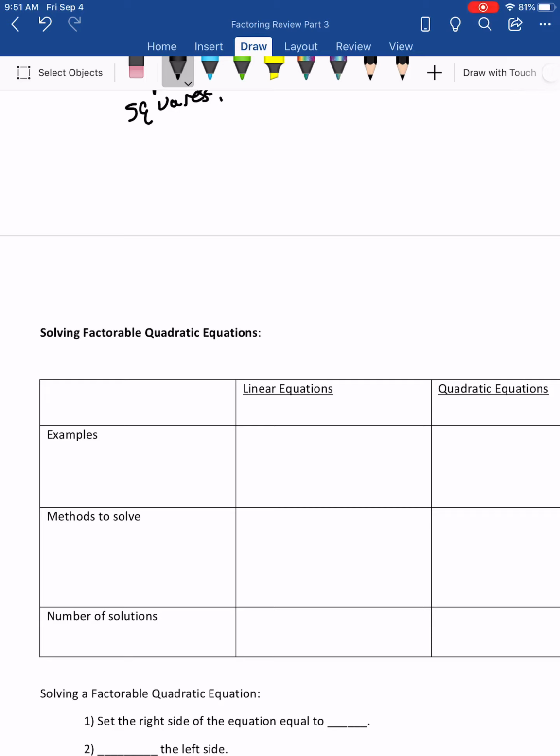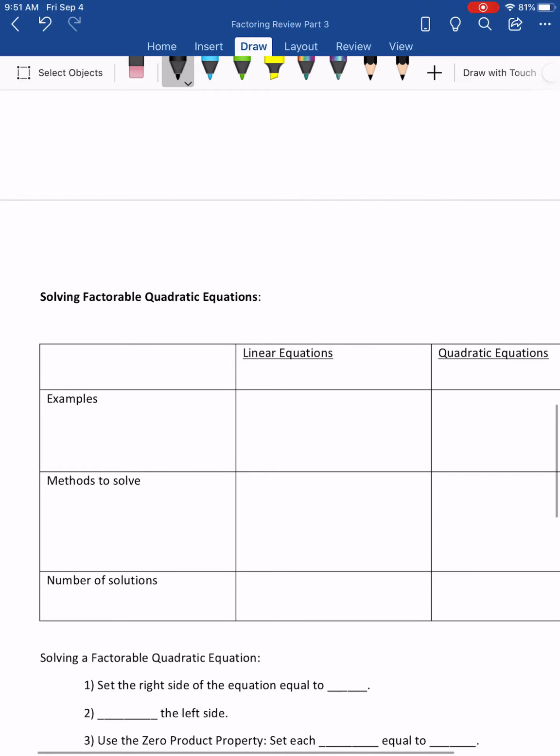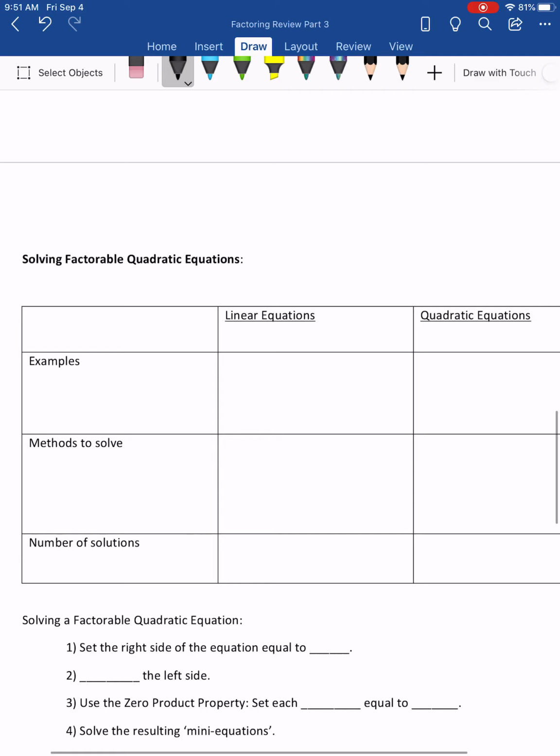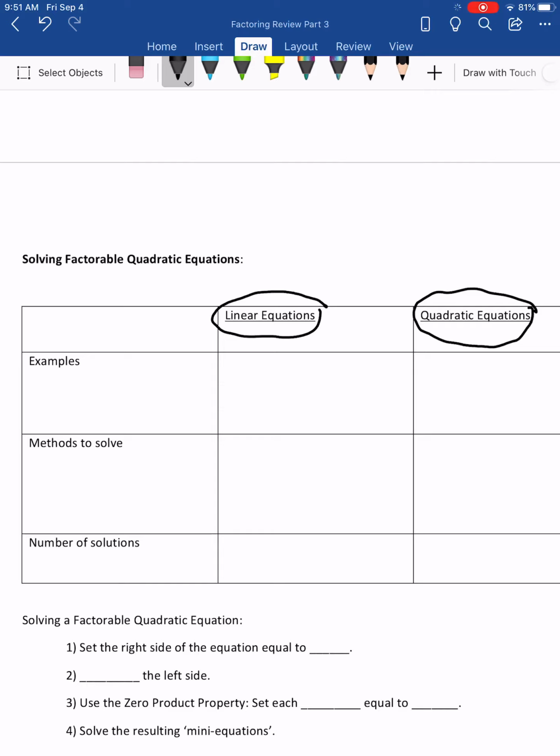So we've just factored expressions so far, and now we're going to start solving quadratic equations, which you learned last year, and again, this is just starting out with review, but important. Okay, what I want to do in this table, we're going to compare and contrast linear equations to quadratic equations, so we're clear on the differences.